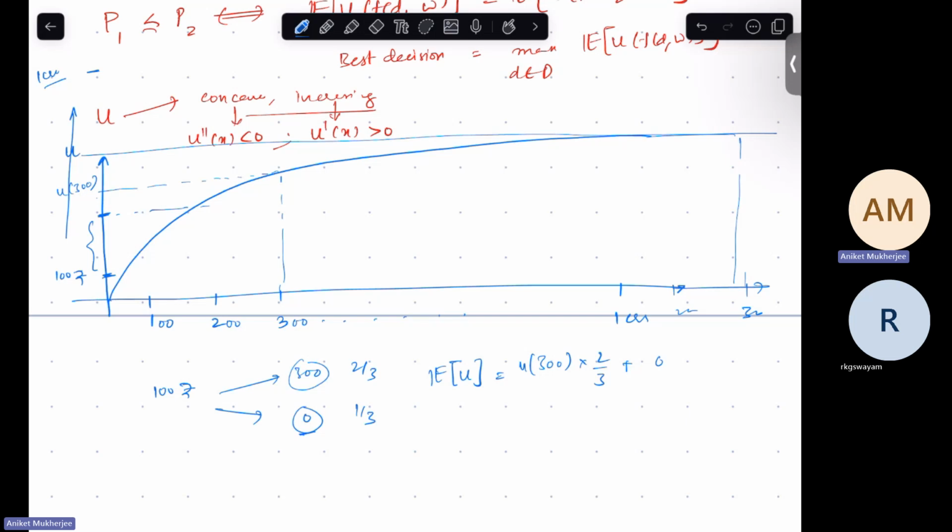And if I take 2/3 of this utility, it will be way less than where 1 crore is, because here all my terms have increased linearly, whereas on this scale, it has not increased linearly. So the 2/3 of utility of 3 crore would be way less than the 1 crore.